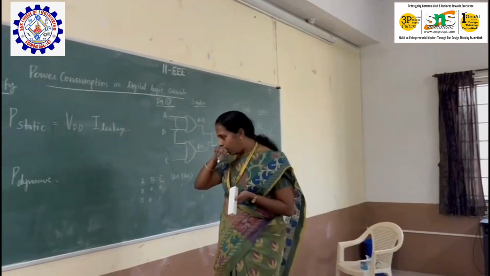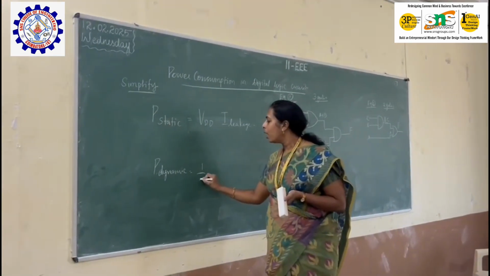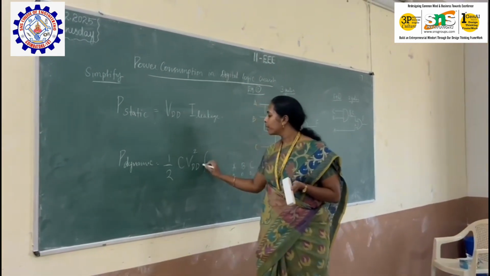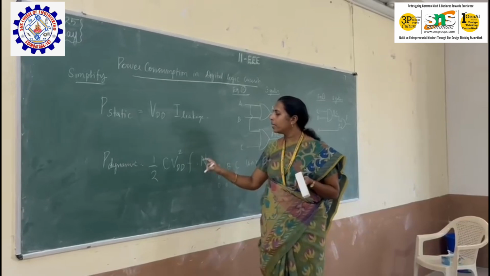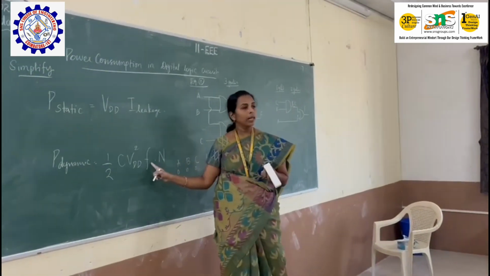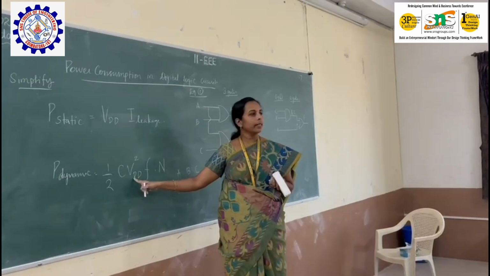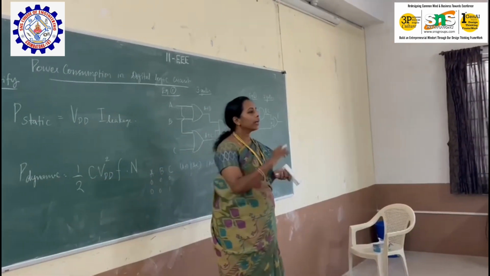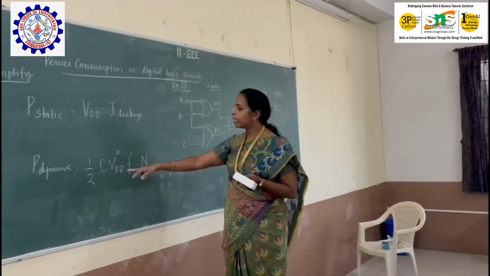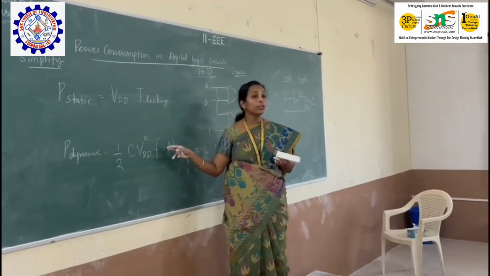The formula for that is half C V square F into N. Here V is VDD, N refers to the number of transitions, F is the frequency, VDD is the supply voltage and C is the capacitance in the transistor.